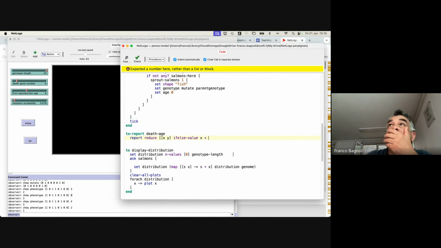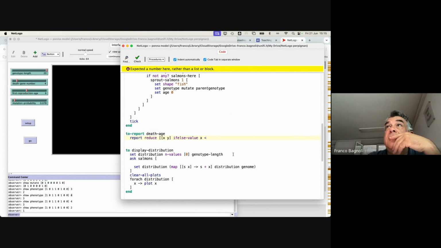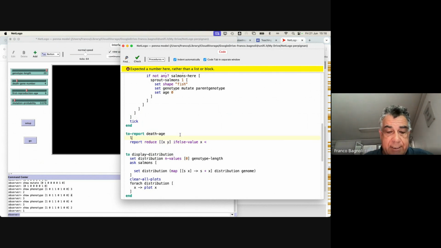I also have to associate an age. Maybe we can just let a 0. Let me see if it works. If else death age, but I cannot do this with an ifelse.